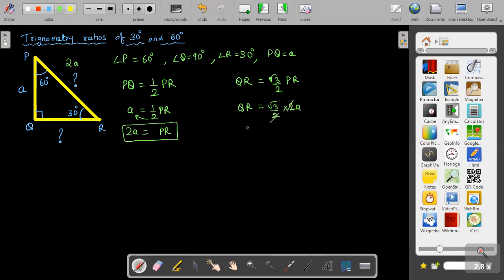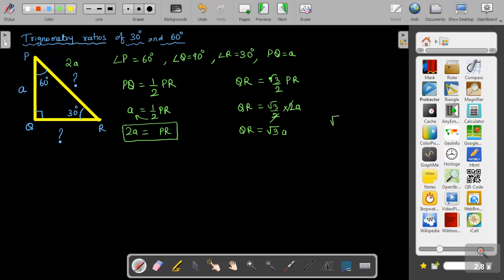This 2 cancels and QR की वैल्यू हमें मिलती है √3. And is it √3? I'm missing something here. A रह गया ना?